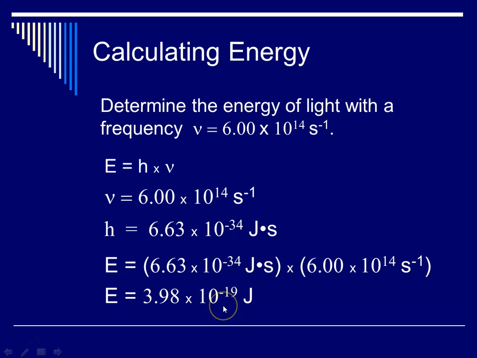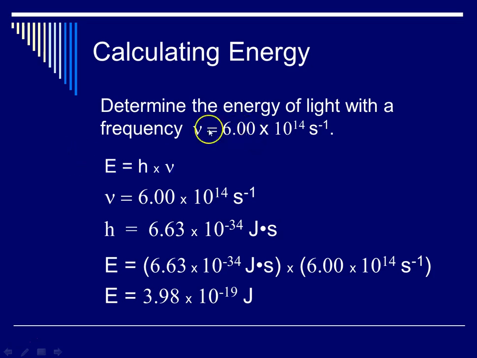Now recall here that we're calculating the energy of a photon of light. So what we just did was we took a wavelength of light, and from that wavelength we calculated its frequency using the c equals wavelength times frequency equation. And then once we've calculated its frequency using the wavelength, we can then figure out how much energy is associated with that particular photon.